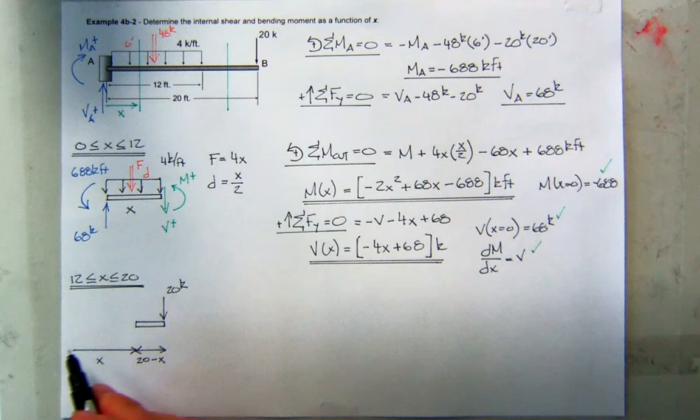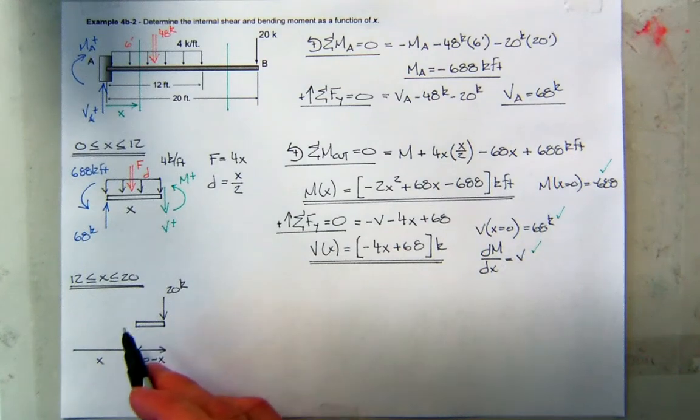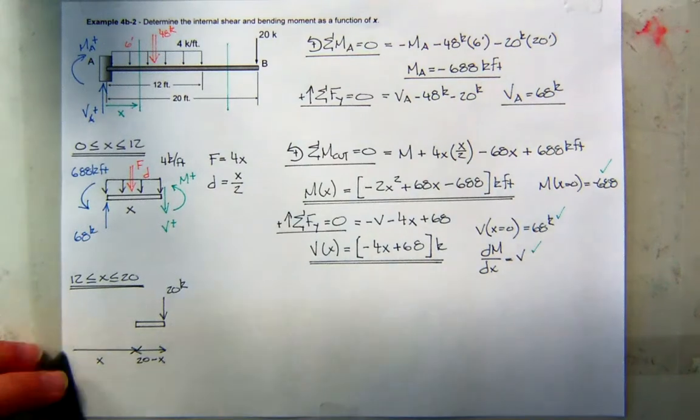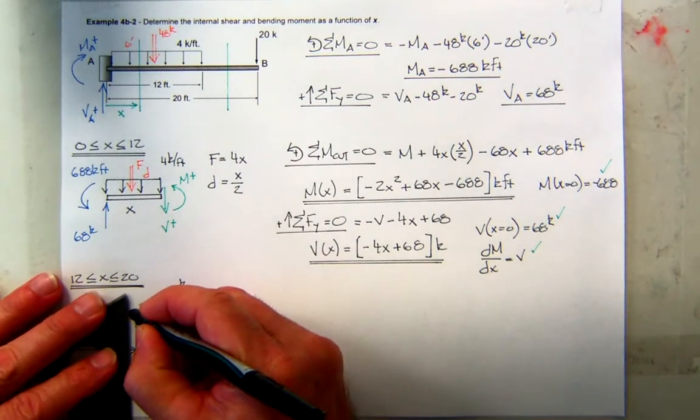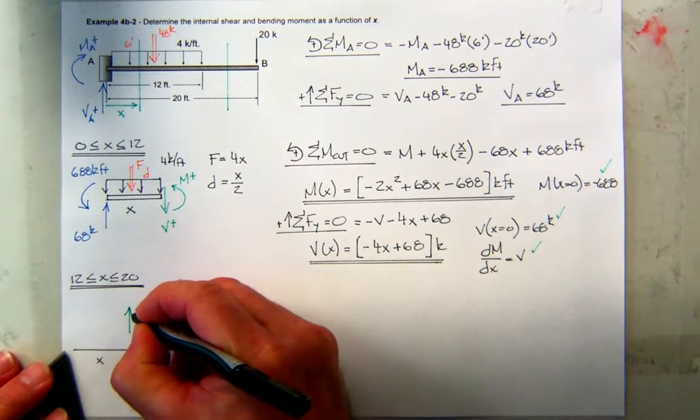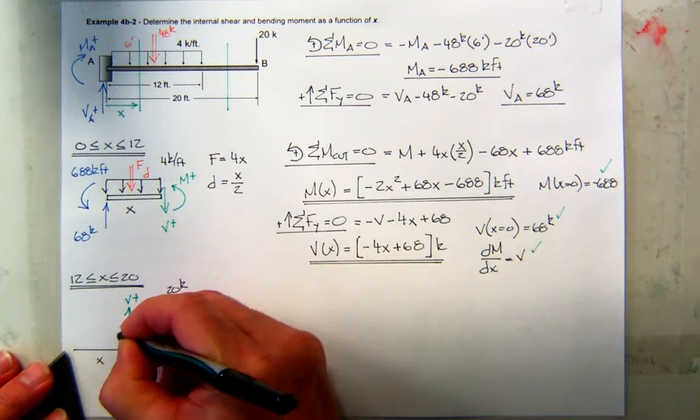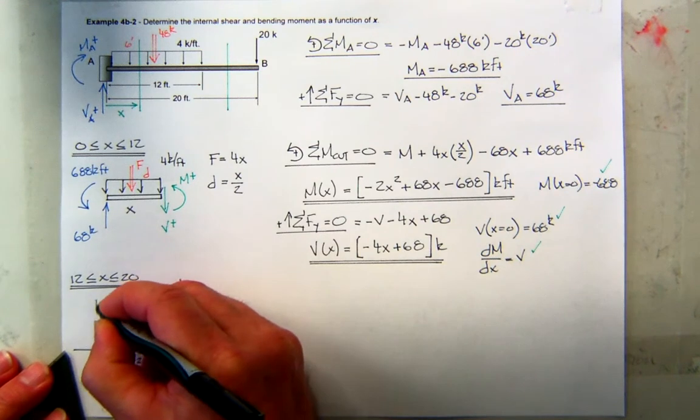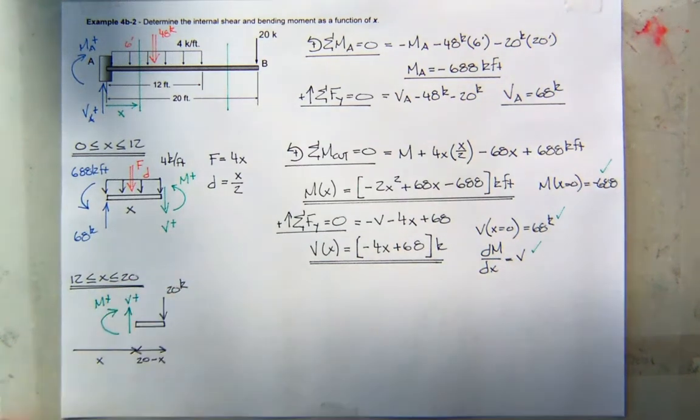So as x varies, the remaining portion, or this segment, will be 20 minus that. And now I'm going to draw positive shear force and positive bending moment on that surface. Those are the two things I'm going to solve for.